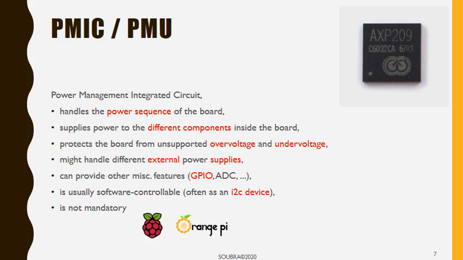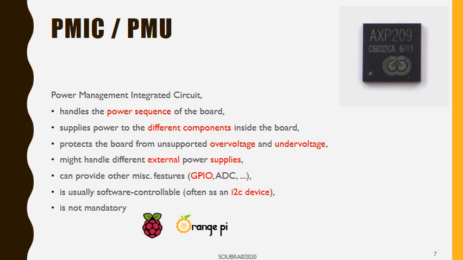And ADC, so what? Analog to digital converters. So we can have some extra stuff. And usually we can control it, in order to make sure that it's doing its task and communicate with it. And we're going to talk about communication protocols in embedded systems later on throughout this course.